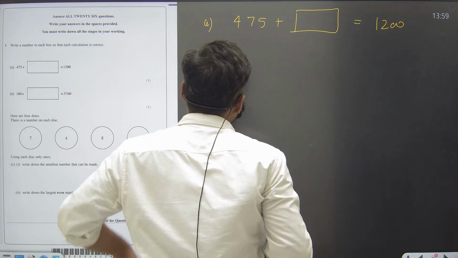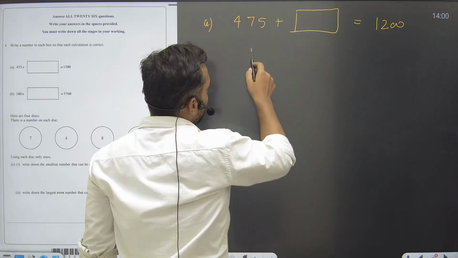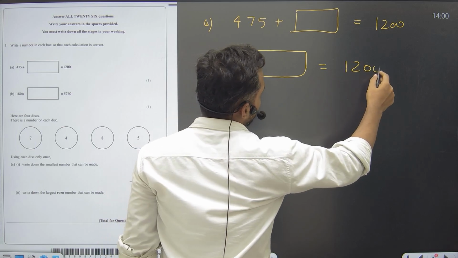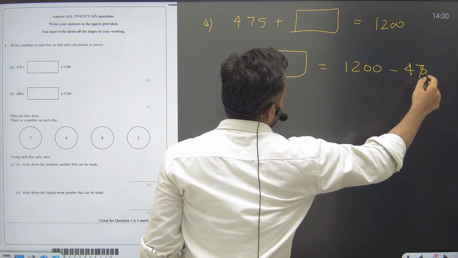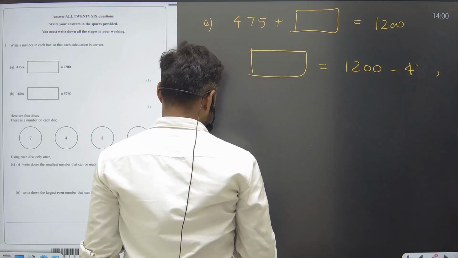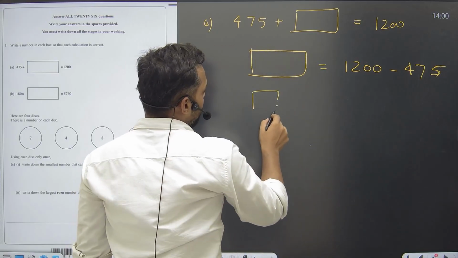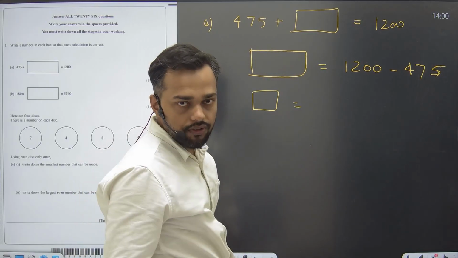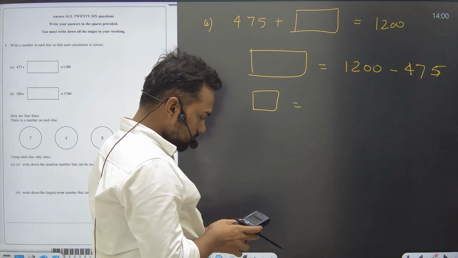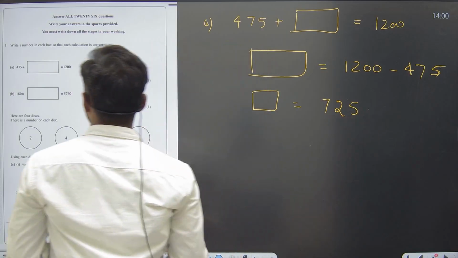What we need to do is transpose 475 to the right hand side, so we are left with the bracket on the left hand side, and here you will get 1200 minus 475. So the bracket value will be 1200 minus 475. We can take the help of the calculator: 725. So in the bracket, student, 725 will be the value.